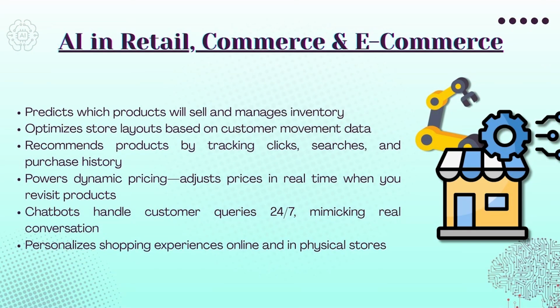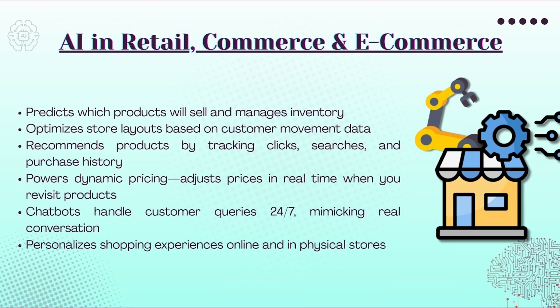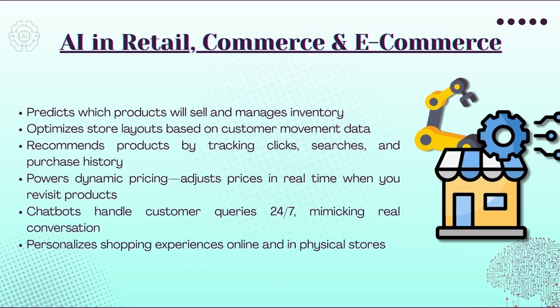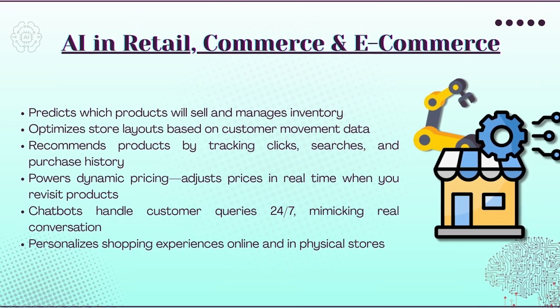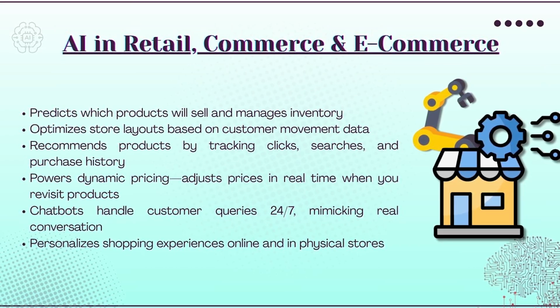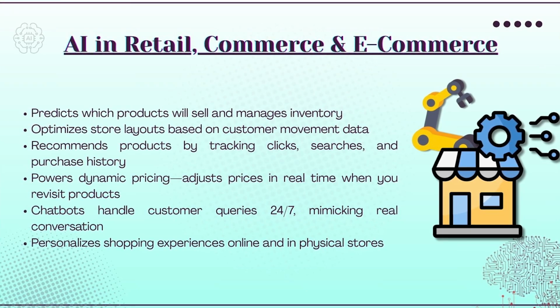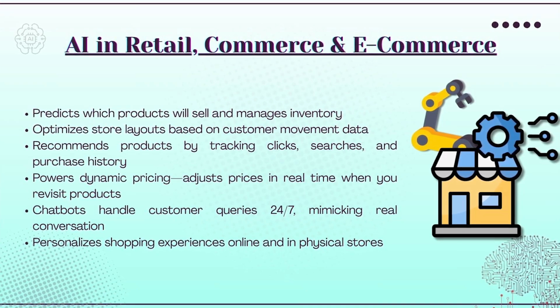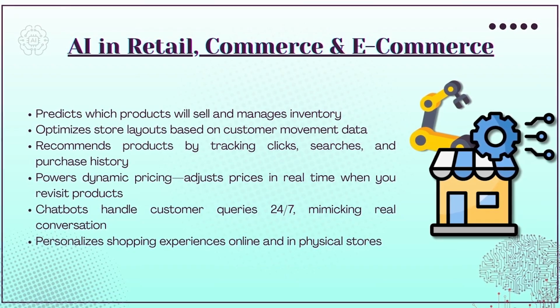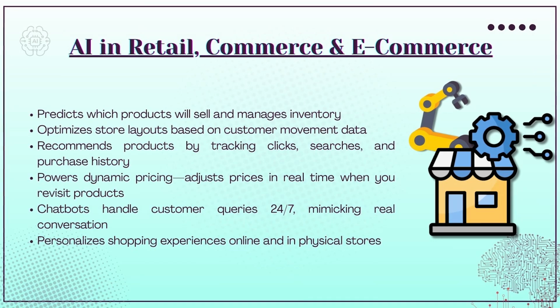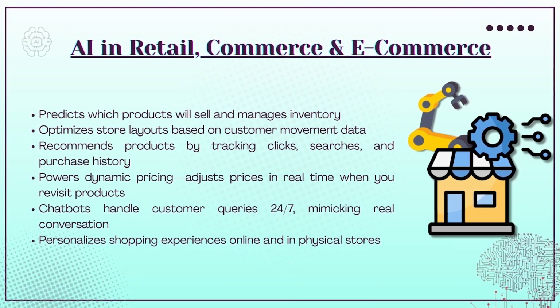Now let's talk about AI in retail, commerce, and e-commerce. AI is transforming how we shop both online and offline. In retail, it's used to predict what products will sell, manage stock, and even optimize store layouts using customer movement data. And in e-commerce, AI tracks your clicks, searches, and purchase history to recommend exactly what you're likely to buy next.